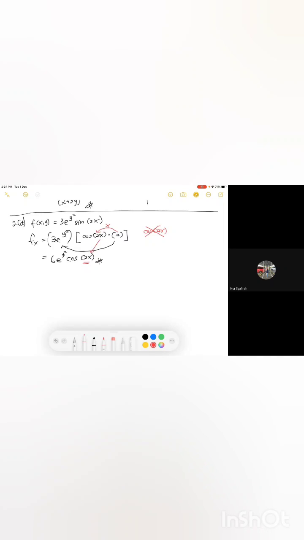Other than identity operations, operations like multiplication, differentiation, addition, subtraction, and division won't do anything to your 2x. Dia takkan jadi apa-apa. 2x akan jadi 2x lah sampai habis. Okay, kecuali kalau awak buat identity operation saja. Faham ya?